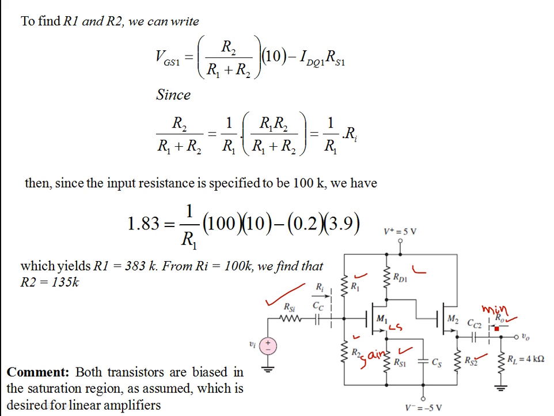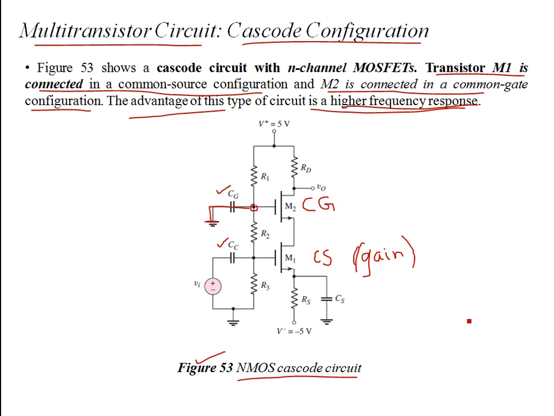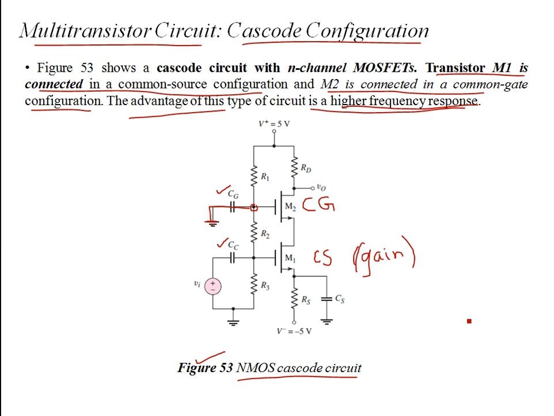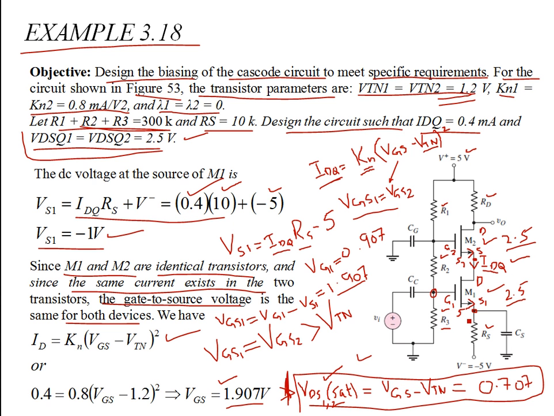So you have a small output resistance with a certain gain that is already being provided by the common source. So multi-stage or multi-transistor configurations all depend on the requirements.